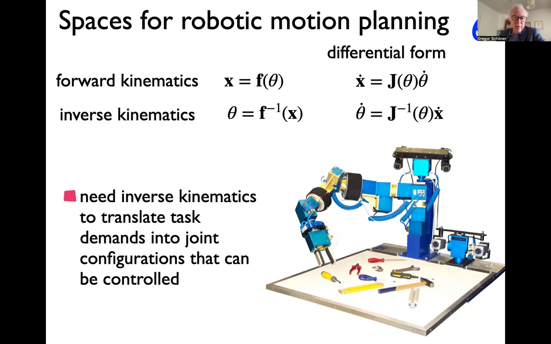And that's the very convenient thing, that it's linear in the velocity variables that you choose here. And therefore, you only need to invert that matrix, and that's very easy. While inverting this nonlinear function with the sine and cosine functions here, computing f to the minus 1, is much harder than computing the inverse of a matrix. So the differential form is very often used in practice.